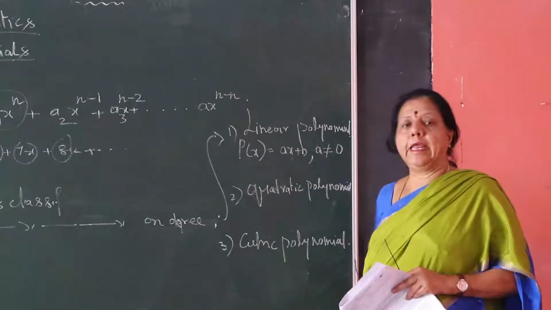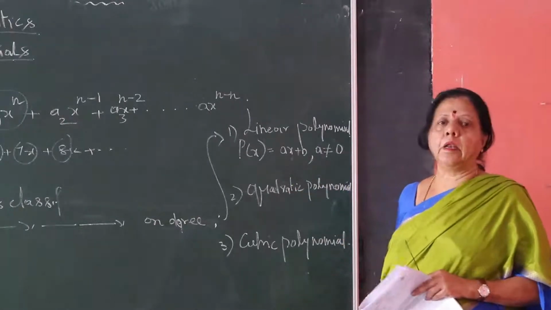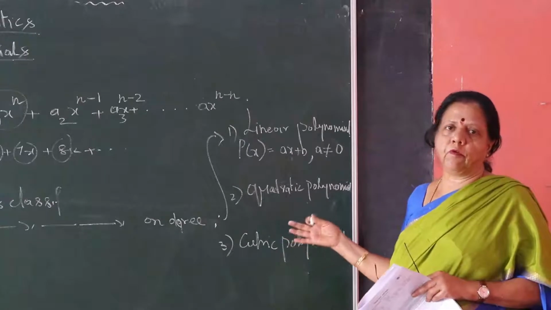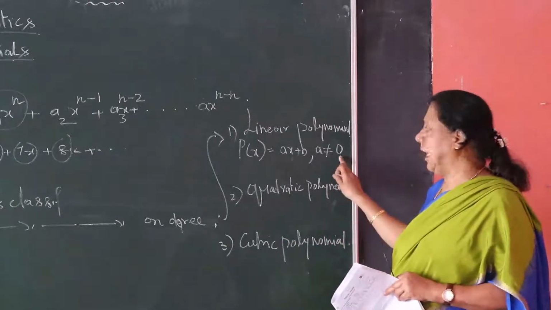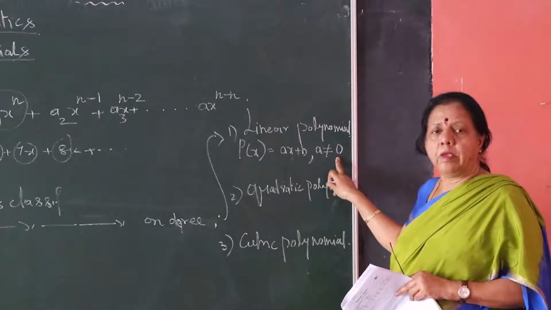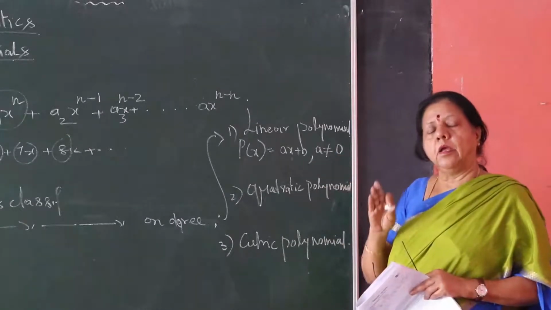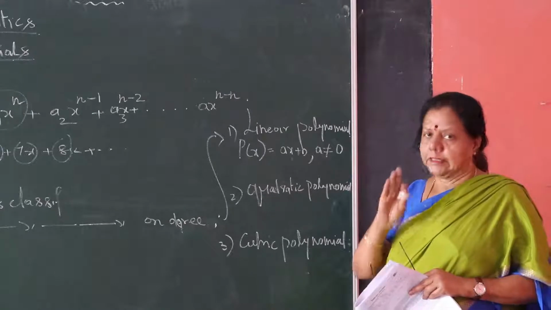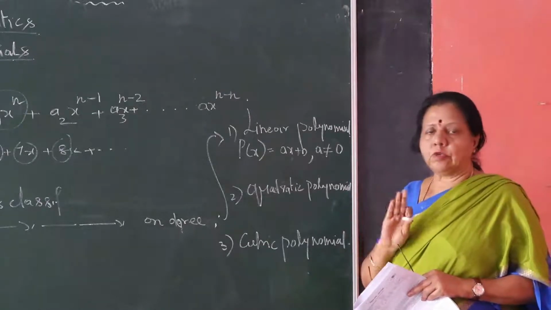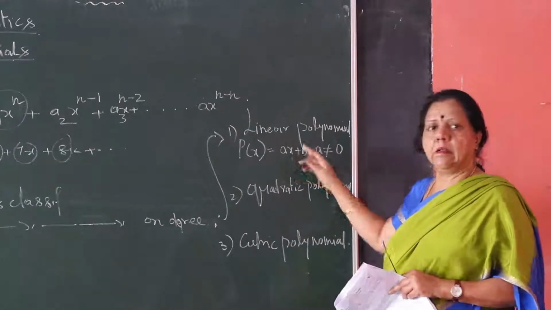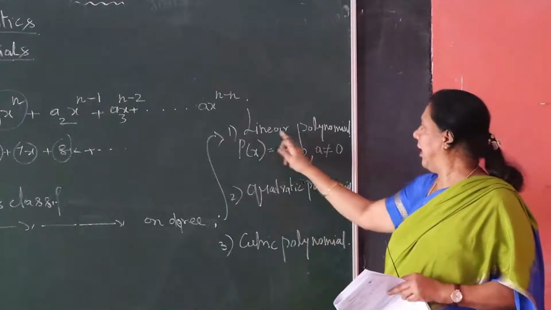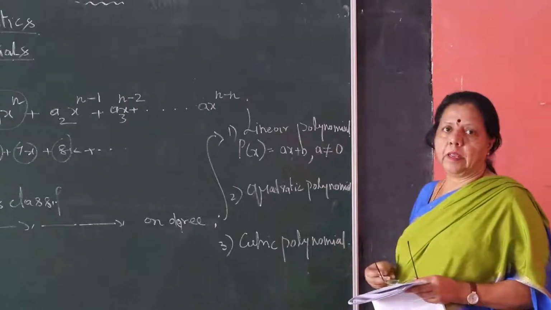You can give any number: 1, 2, 3, 4, 5, minus 1, minus 2, everything you can give. But 0 you should not give. Why? Any number you multiply by 0 is 0 only. See, the power of the x is nothing. That is why it is a linear polynomial.